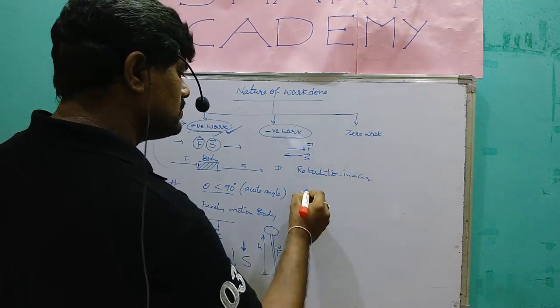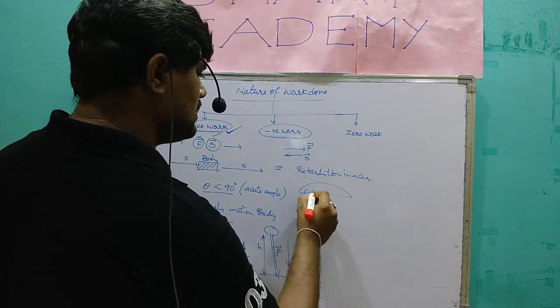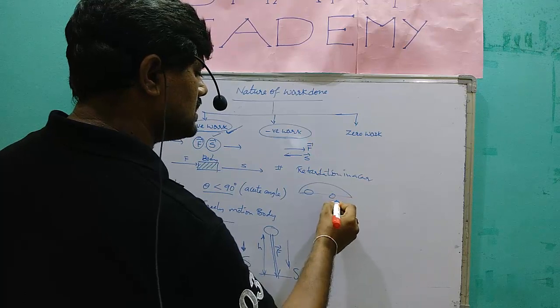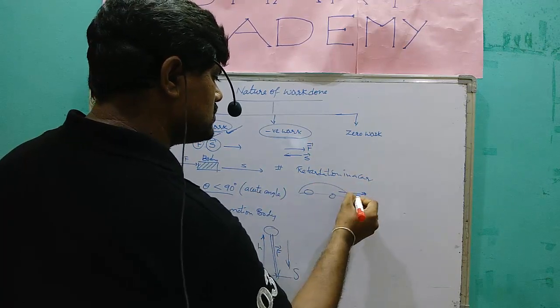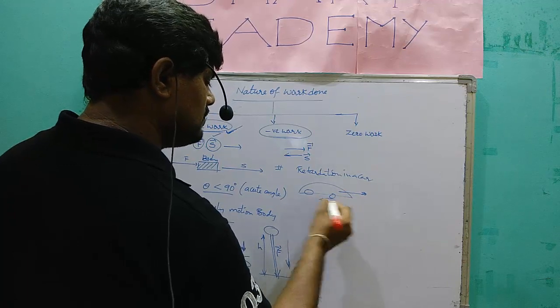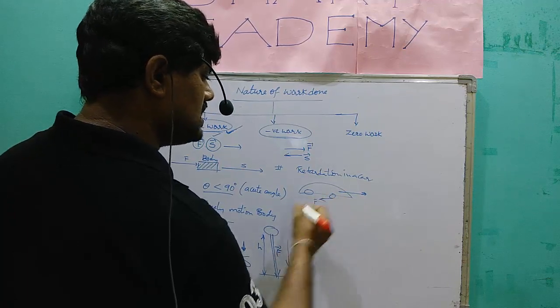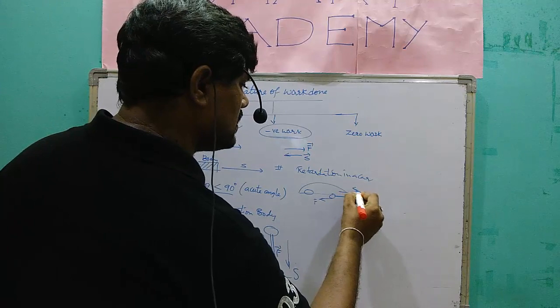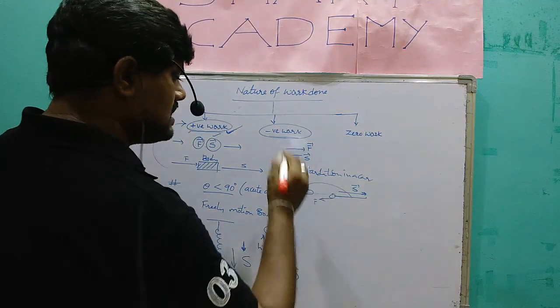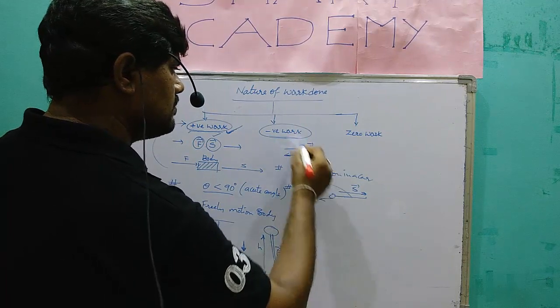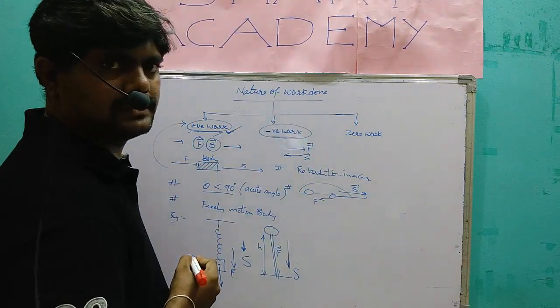When we apply a sudden brake, the frictional force acts in one direction, but the displacement of the car is opposite to the force. So retardation is a good example of negative work.